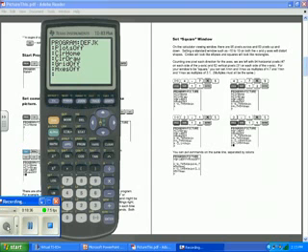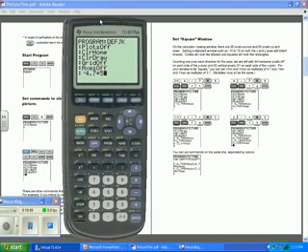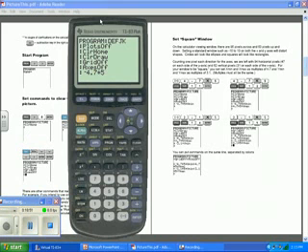So right here, we're going to just use these button commands, and we're going to do negative 4.7 times 5. Store. Store is located above the on button. Store. And then vars.